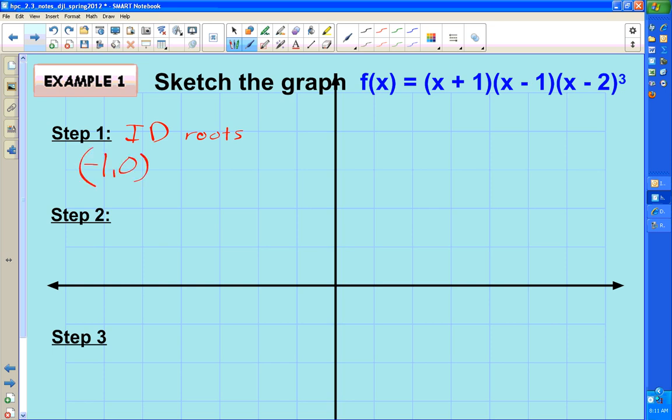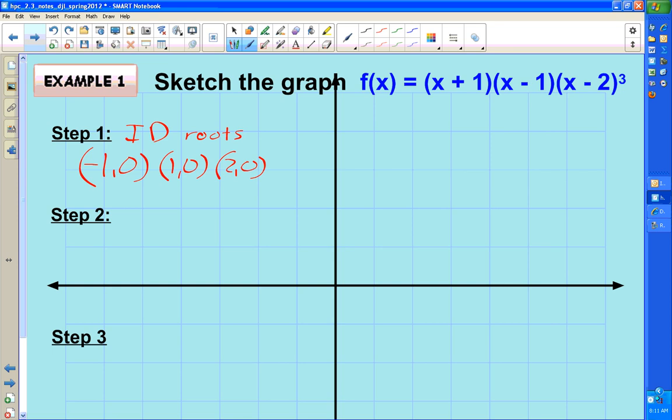What else? 1, 0, and 2, 0. It doesn't matter, it's still a root.